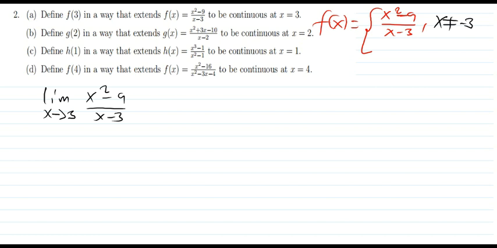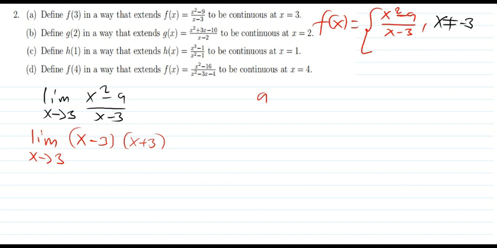Now I know that if I plug in directly, it's going to be 0 over 0, and we're trying to avoid that situation. And I can clearly see that the top part here is the difference of two squares. So I can say limit as x approaches 3, this can be written as x minus 3 and x plus 3.